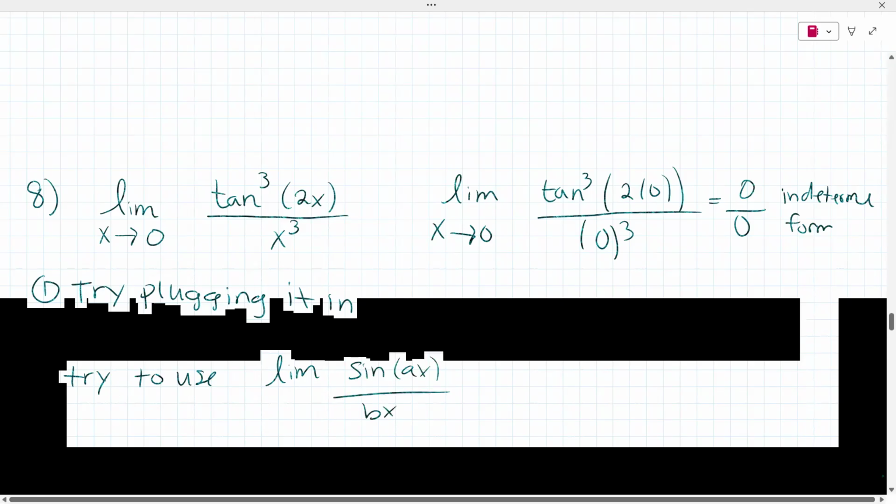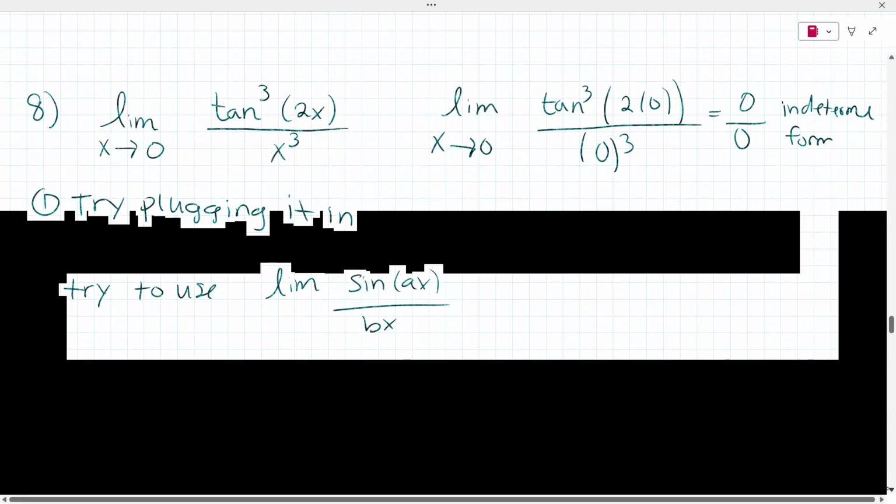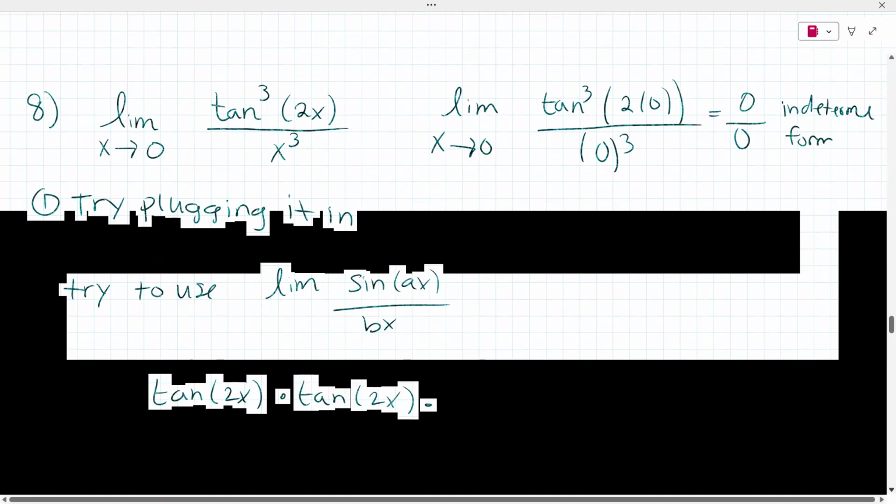Okay, so to do tan cubed, what could we do? I think tan cubed of 2x is the same thing as tan of 2x times tan of 2x times tan of 2x, right?